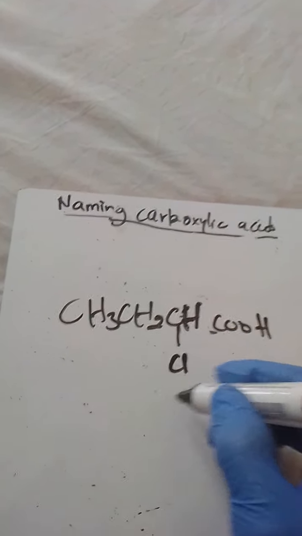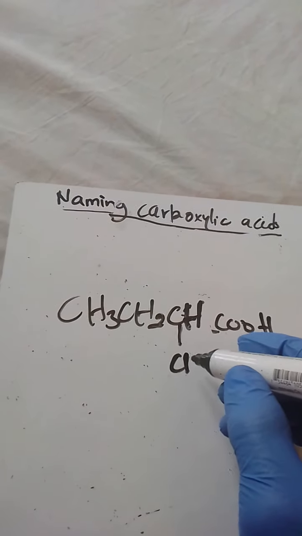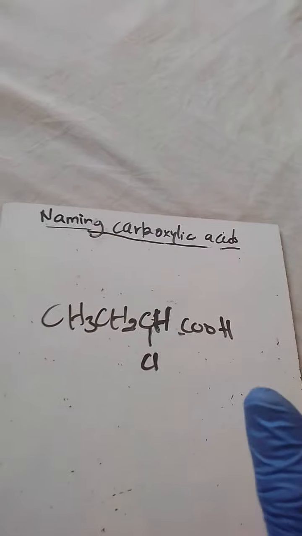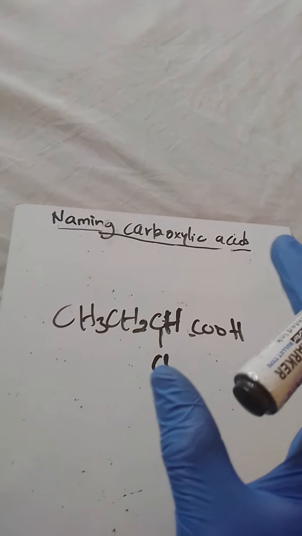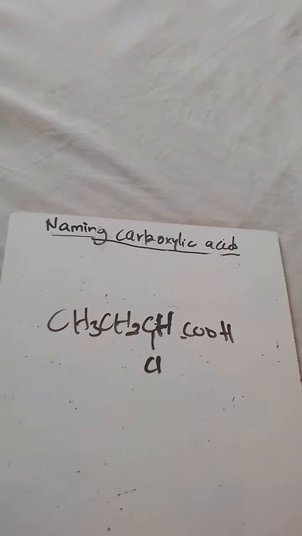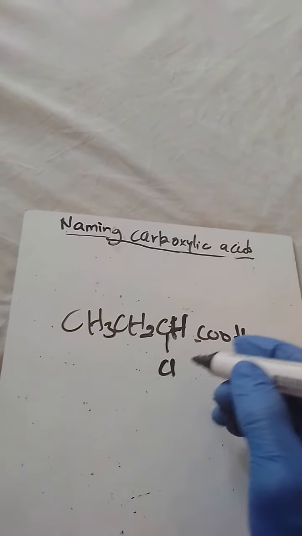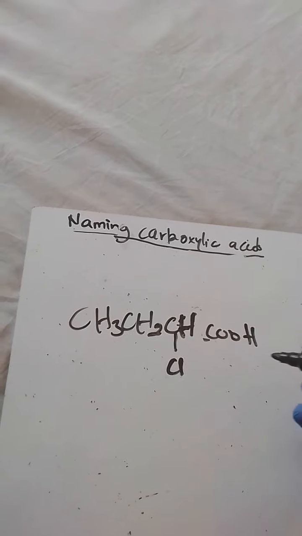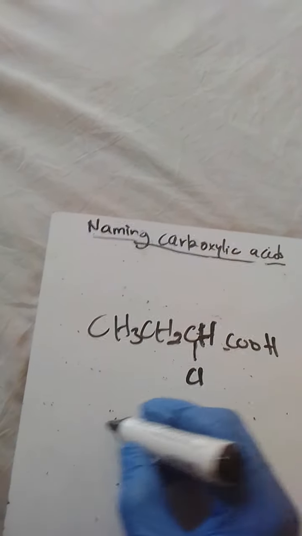This group is what we call a substituent. When we take a parent chain and there is an attachment of a different group which is not basically part of the parent chain but has replaced one hydrogen, we call that group a substituent. It can be any of the halogens or even an organic substituent like, let's say, methyl.